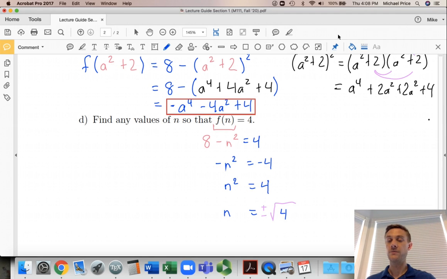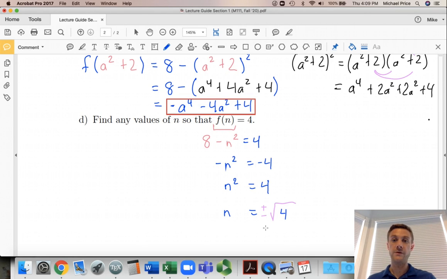If we're being really picky, what we have done is take the absolute value of n. When we take the square root of the square of n, it's really the absolute value of n. That's where the plus or minus comes from, but really when we're solving equations, typically that falls out as plus or minus square root does the job great.